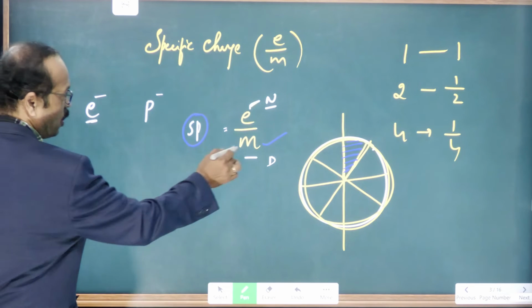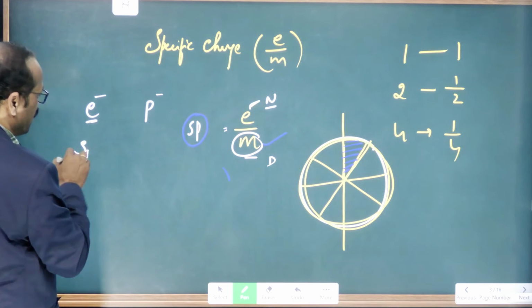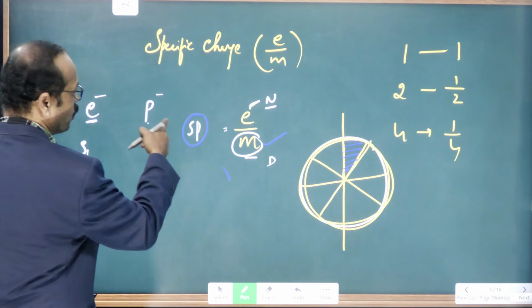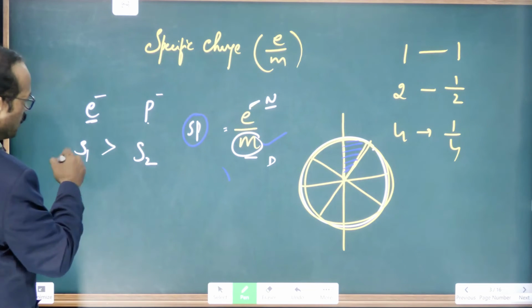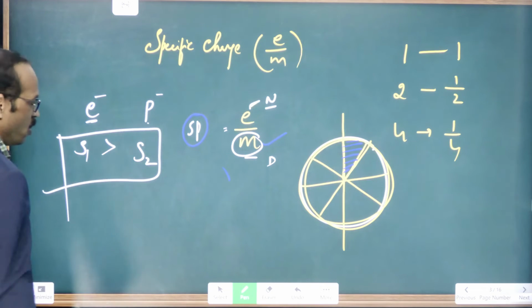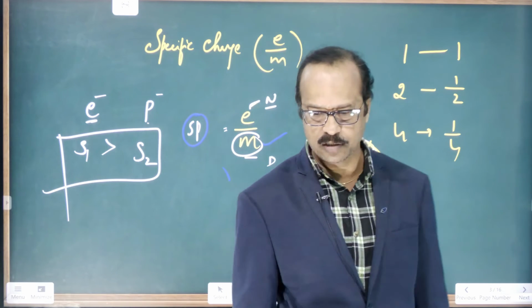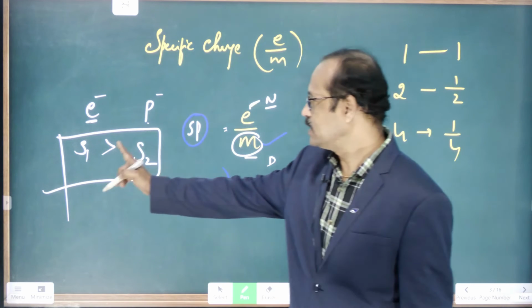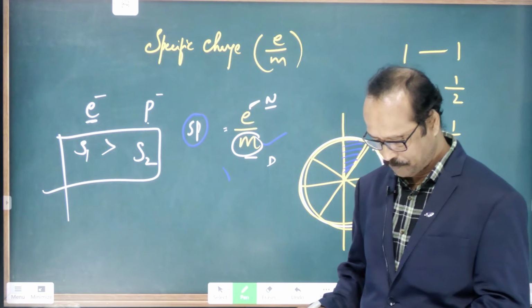If the electron mass in the denominator is less, the specific charge is more. If the proton mass is more, the specific charge is less. Therefore, the specific charge of the electron is greater than that of the protons or positive rays. So, the answer is S1 is greater than S2.